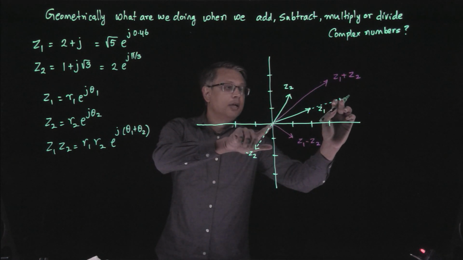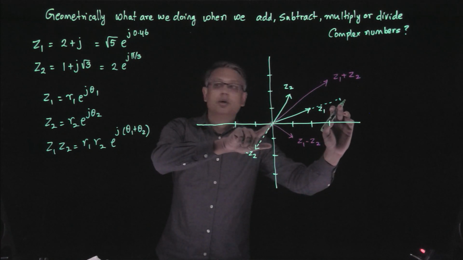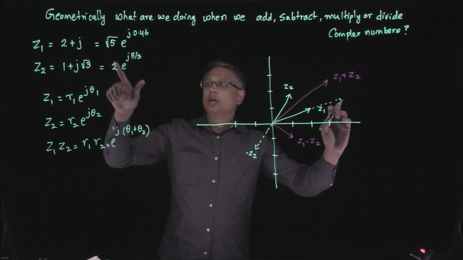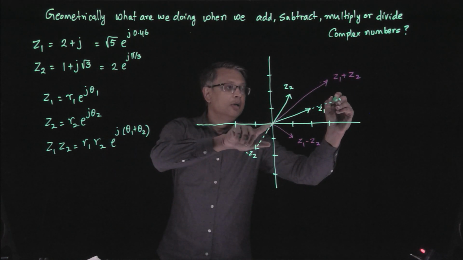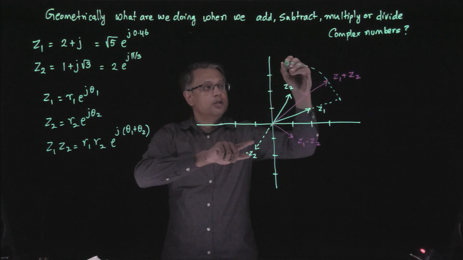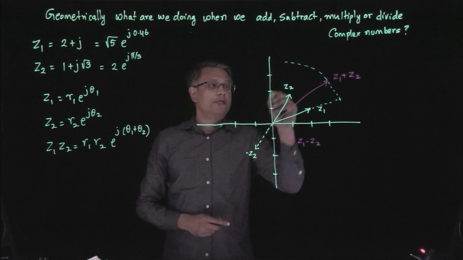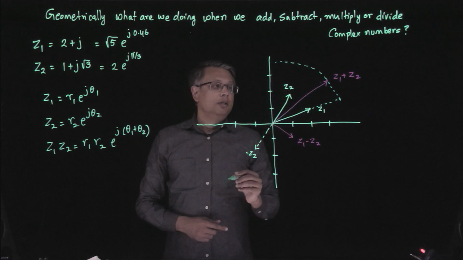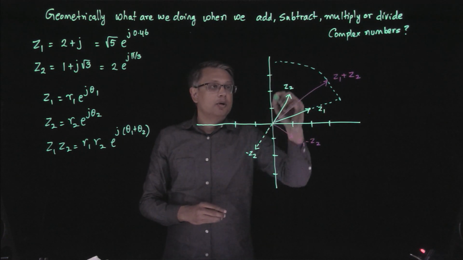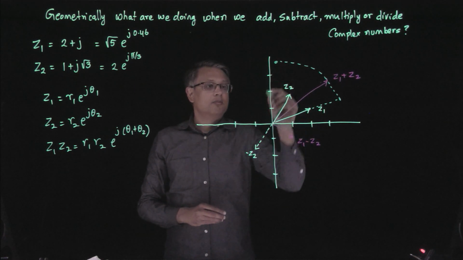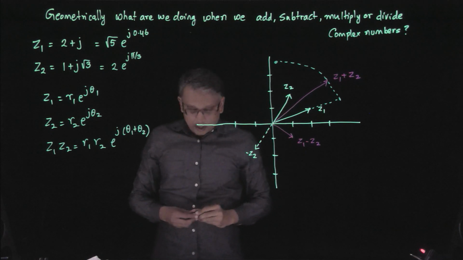So you take this vector which has a magnitude of 2 times square root of 5, and then you just go along a circle of radius 2 times square root of 5 by 60 degrees more. And you will see that you end up somewhere here. And that is z1 times z2.